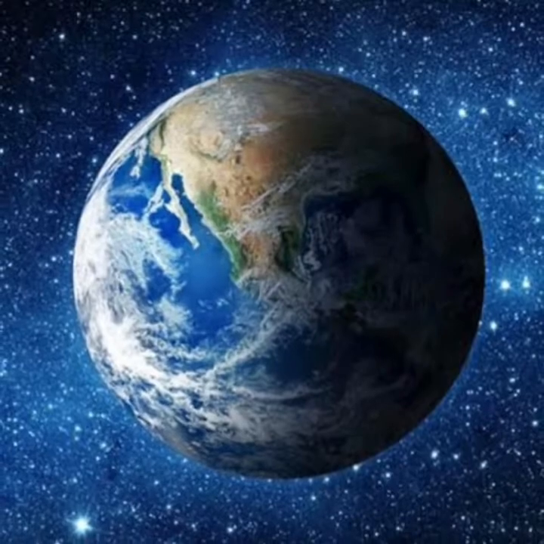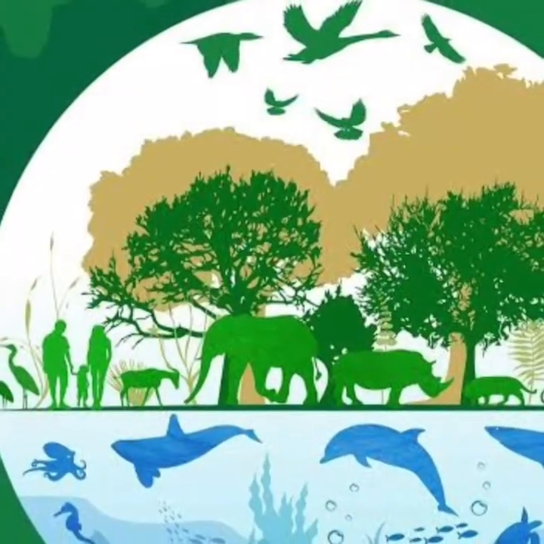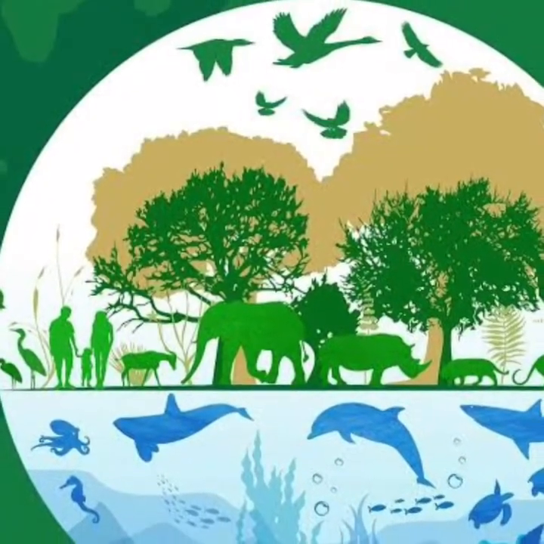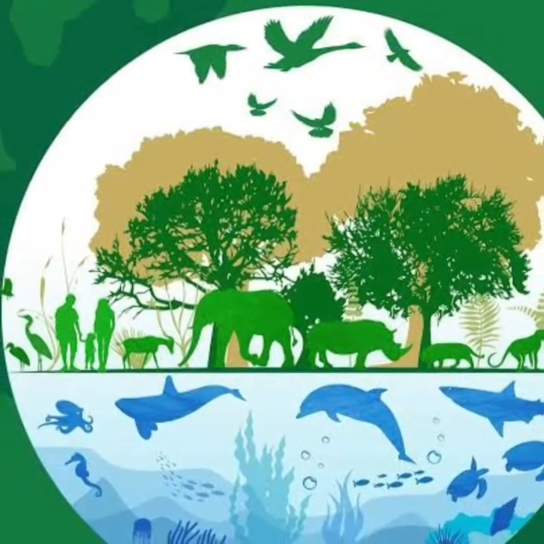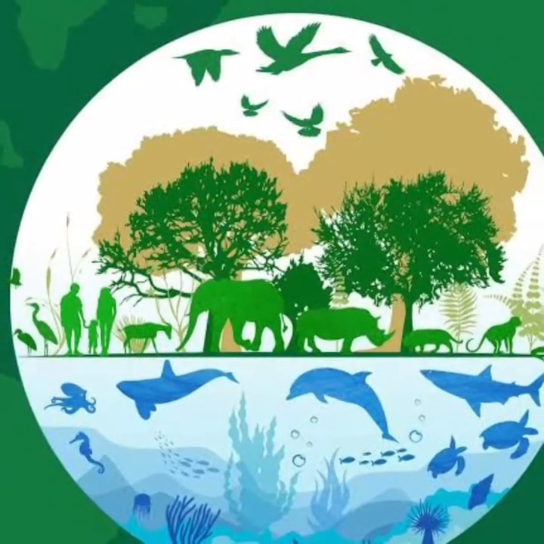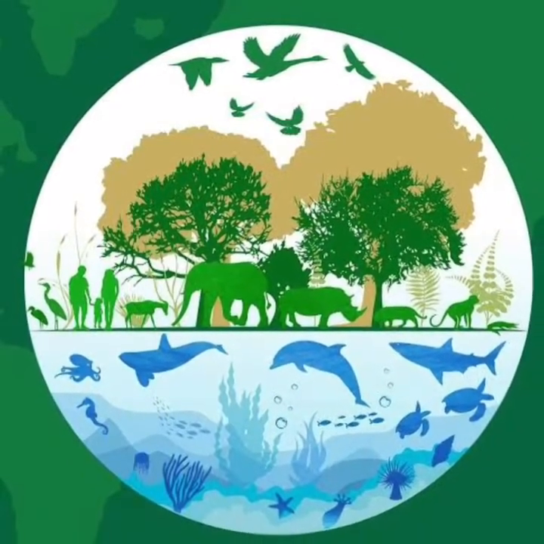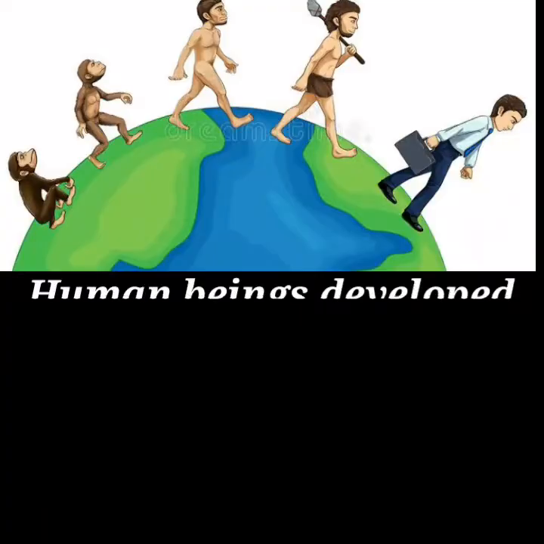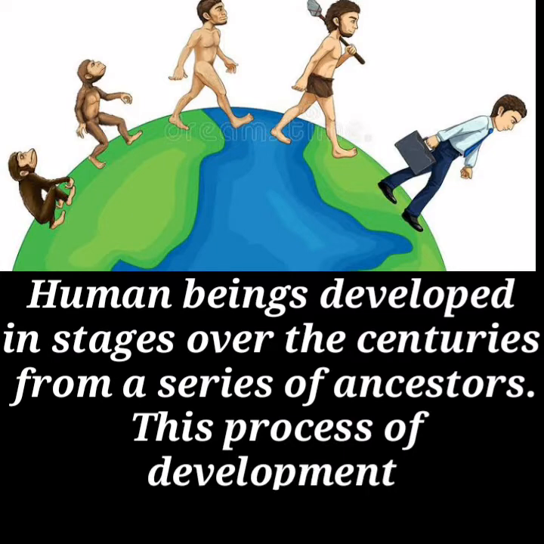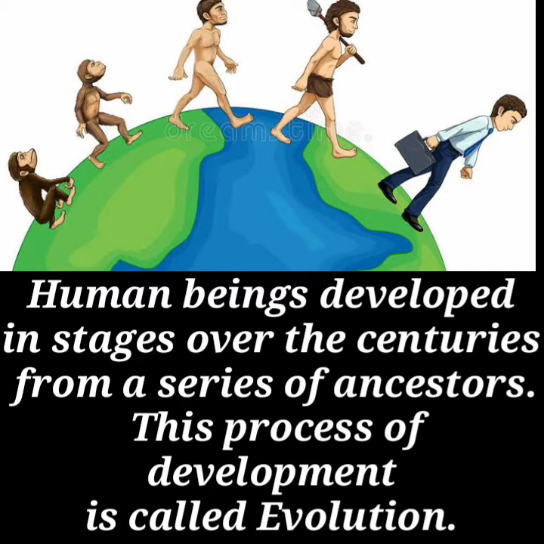The scientists believe that life started on earth some 3,500 million years ago. And human beings developed in stages over the centuries from a series of ancestors. This process of development is called evolution.